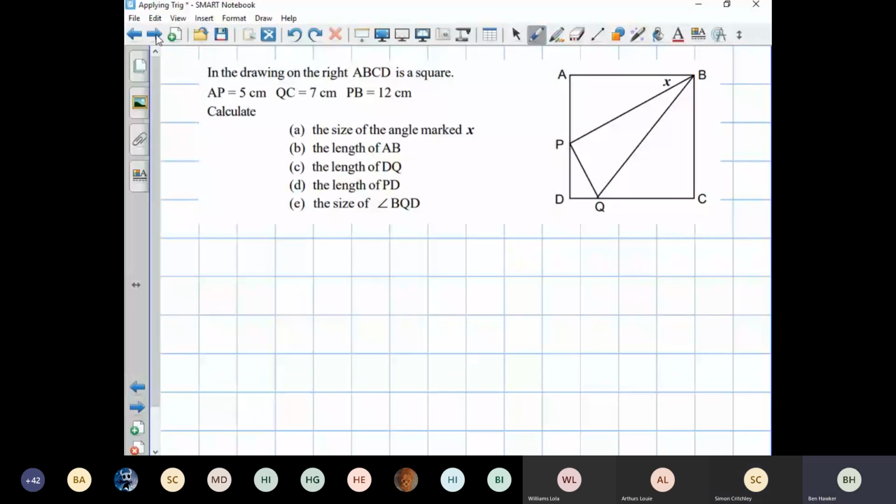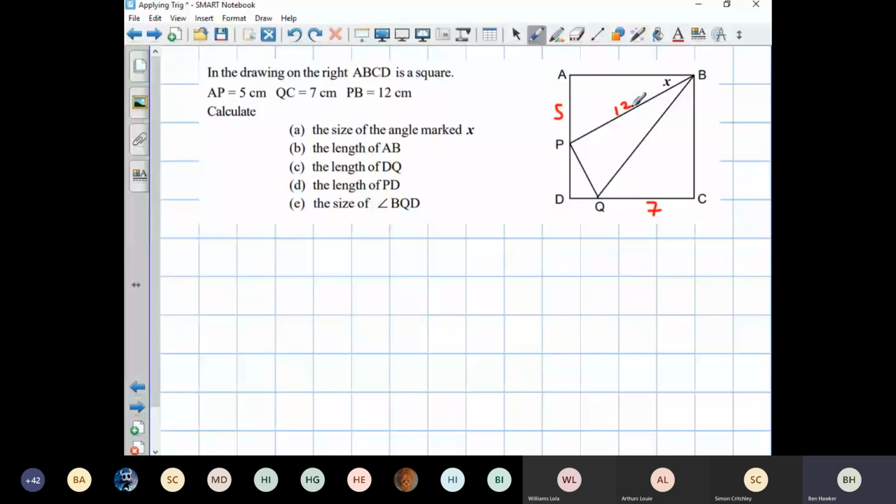Okay, so in the drawing on the right, ABCD is a square. We've got AP, which is equal to 5 centimetres. We've got QC, which is equal to 7 centimetres. And we've got PB, which is equal to 12 centimetres.